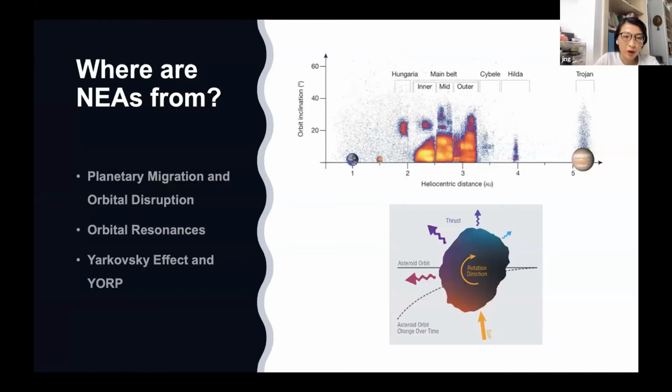Where are they from? To put it simply, most of them are from the main belt. Because of planetary migration, orbital disruption, or Yarkovsky effects, they can gradually migrate from the main belt to the close space of the Earth.